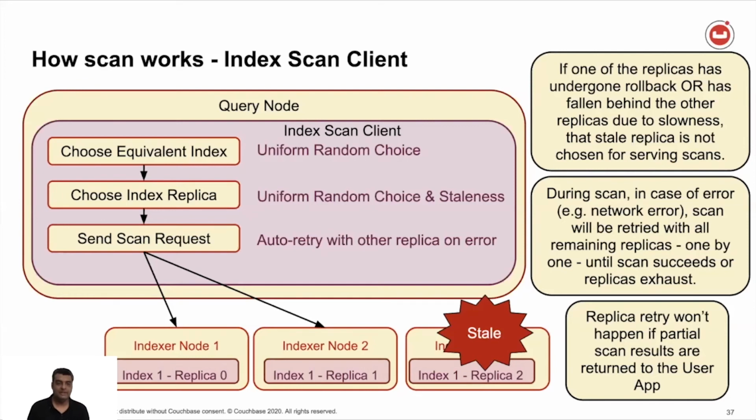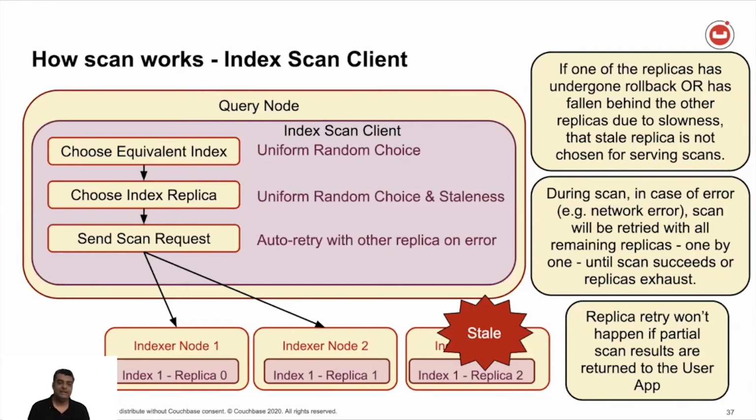If one of the replicas falls behind the other replicas by a certain amount, then the index scan client can choose to ignore that replica for a particular scan request, and it will choose from the remaining set of replicas. In this example, the index scan client will choose only from replica ID 0 or replica ID 1, ignoring replica ID 2.